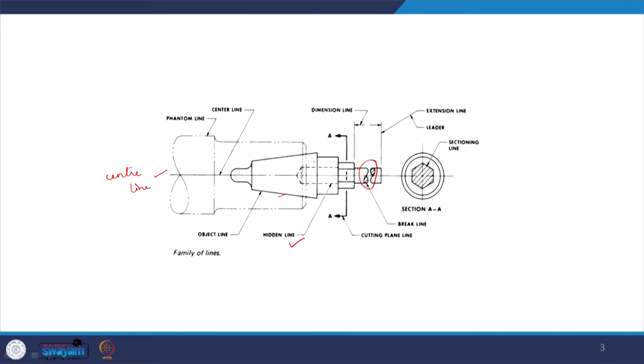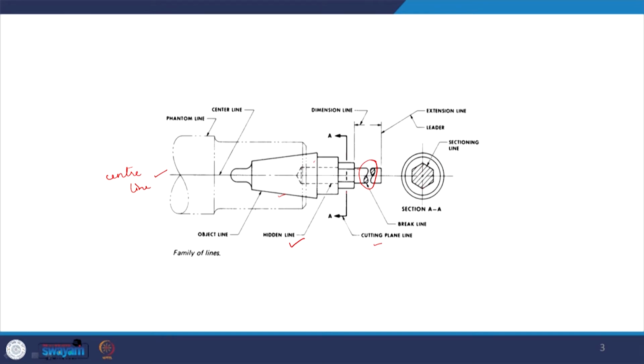Now, you also see that there is a cutting plane line, or a cutting section line. It means that the object is being cut from here when we are seeing the section. If we cut this object here and look to this side, we can see that there is a hexagon which is being cut, and that is why we see a dark line with shade, this hatch here.